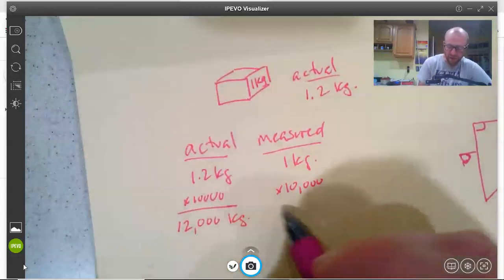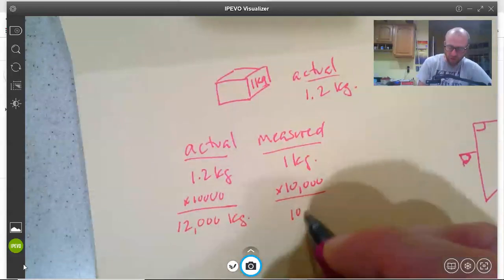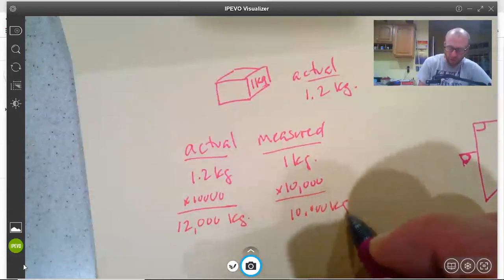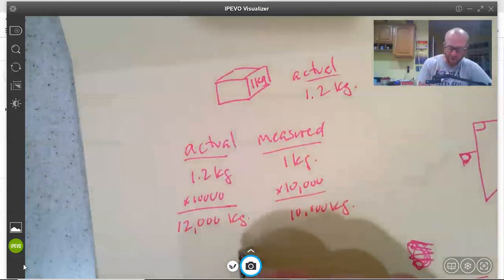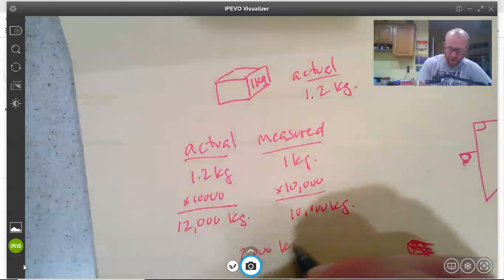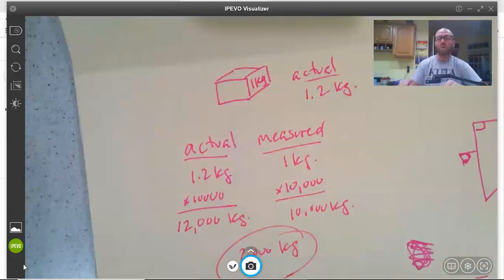That's the actual weight of the boxes, but I think that they only weigh 10,000 kilograms, and that's a difference of 2,000 kilograms. And that's a lot, right?